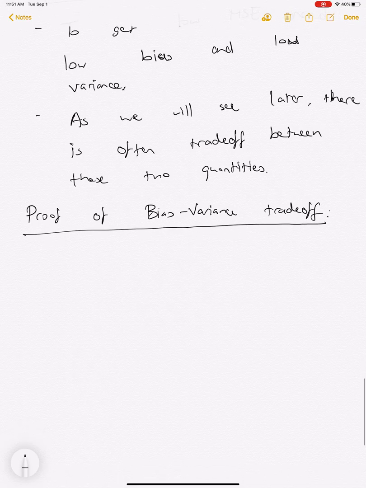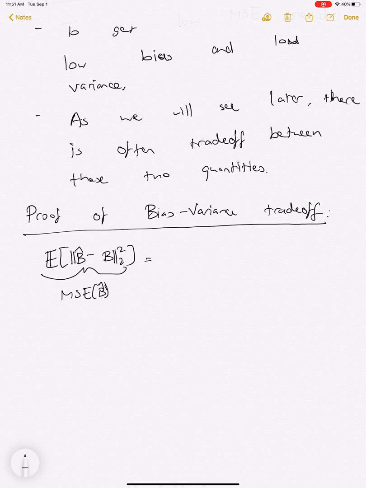This is something that's pretty straightforward to prove, so I'm going to go through that. In math, you can always add and subtract things, and that's exactly what we're going to do here. Okay.